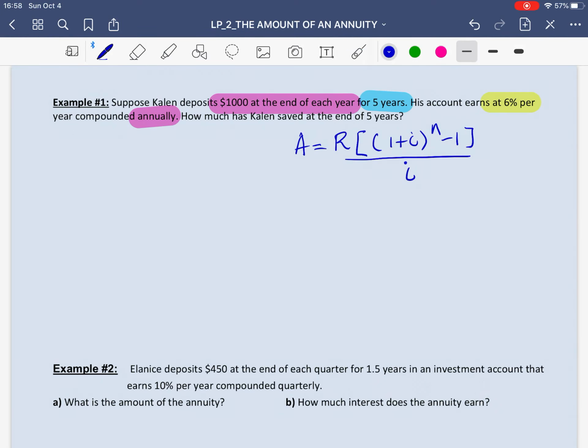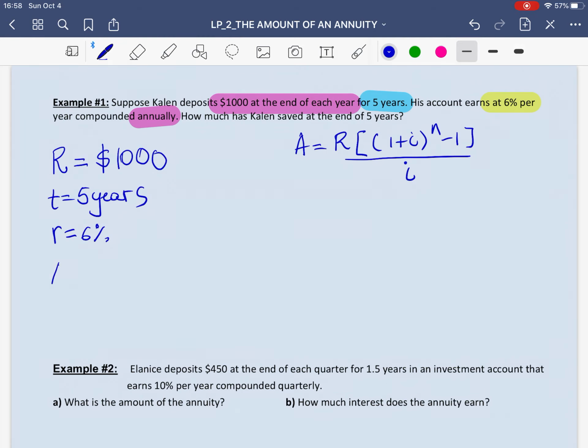I usually like to write the information on the right hand side of the space where I have to show my solution. So the $1,000 will represent the regular payments. The time of investment is 5 years. The interest rate is 6%, that's annual.